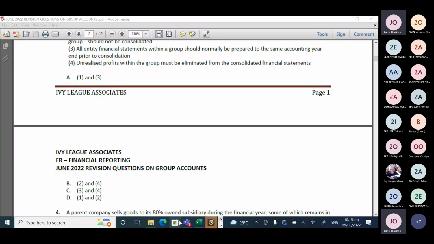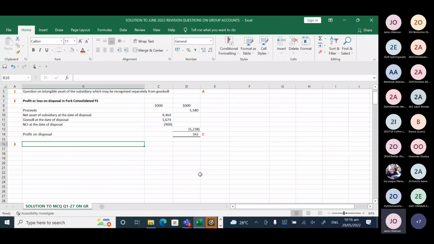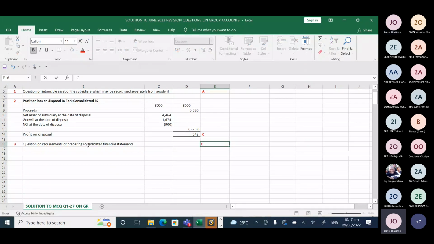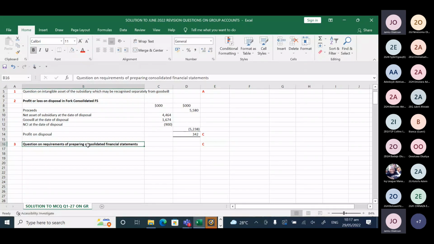It appears no dissenting view, right? The question was on the requirement of preparing consolidated financial statements. Like you said, option C is the correct option. Okay, let's go to question 4.